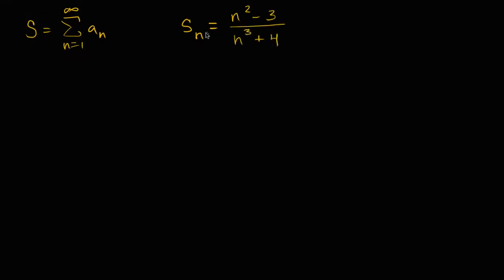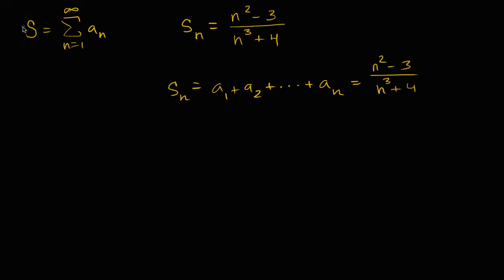So just as a bit of a reminder of what this is saying, S sub n is the same thing as a sub 1 plus a sub 2 plus you keep going all the way to a sub n, and that's going to be equal to this business, n squared minus 3 over n to the third plus 4. Now, given that, if someone were to walk up to you on the street and say, okay, now that you know the notation for a partial sum, I have a little question to ask of you.